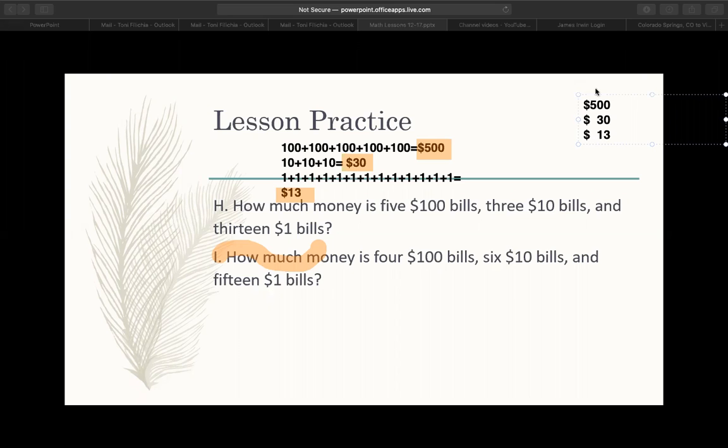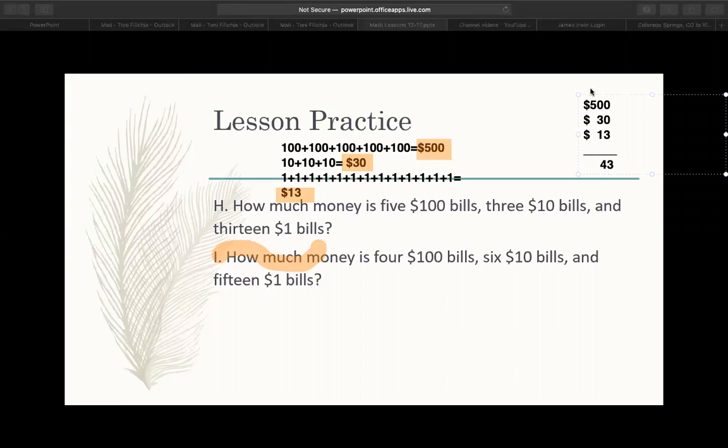Remembering that we're always starting from the right, the ones side. Now we're going to add these numbers. Looking at the ones place, 0 plus 0 plus 3 is 3. And then looking at our tens place, 0 plus 3 plus 1 is 4.